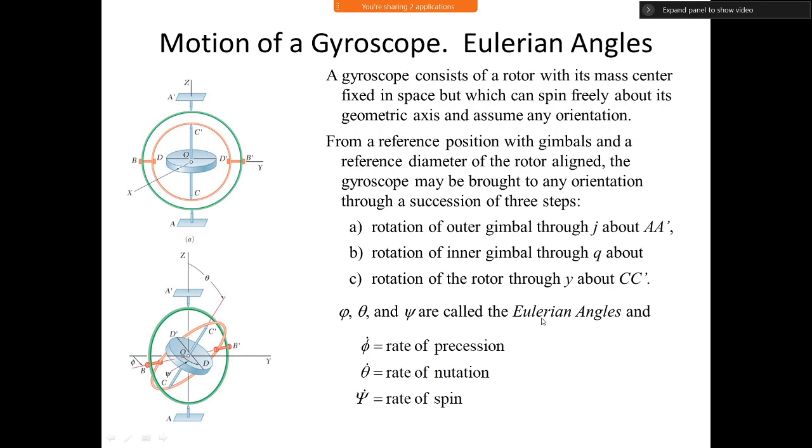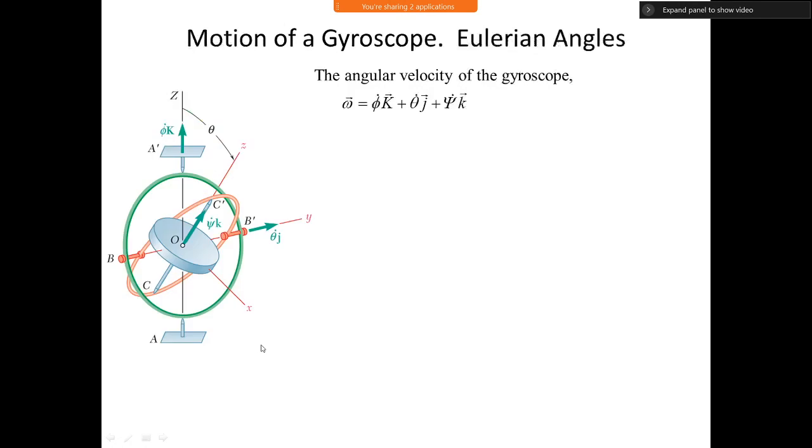By these three angular changes, we can obtain any configuration of this rotor, and the rates of change of these Euler angles have names. Psi dot is the spin of the gyroscopic rotor. Theta dot is called nutation, and phi dot is your precession.